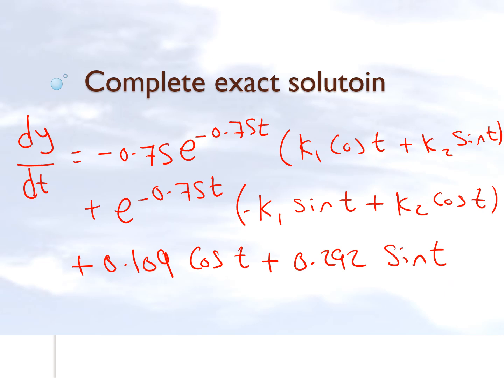Now we use the initial condition dy/dt when t is equal to 0. It was given to us as 3. So in this expression for the derivative, we substitute every t equal to 0.